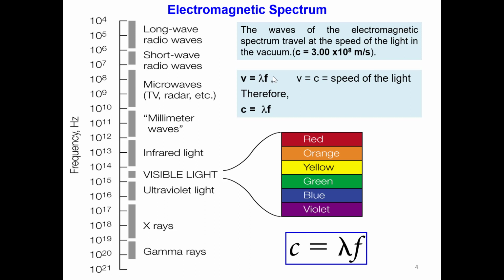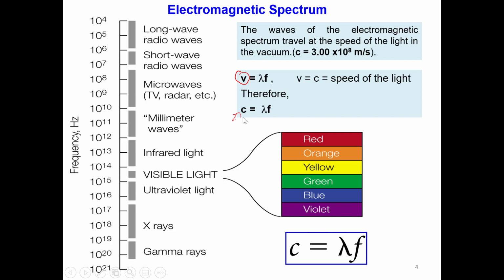In this case, because these waves travel in vacuum at the speed of light, for which we use the symbol c, we can just replace the speed by the letter c.